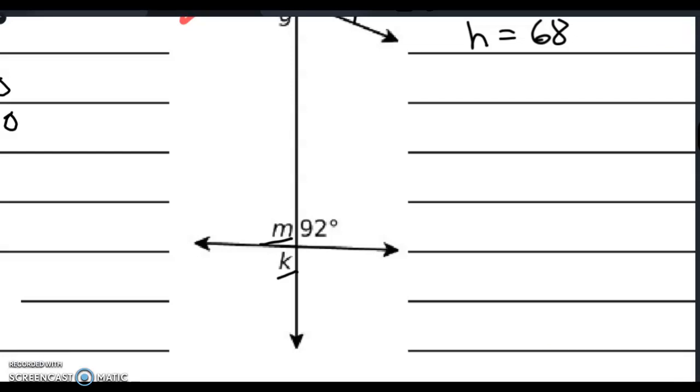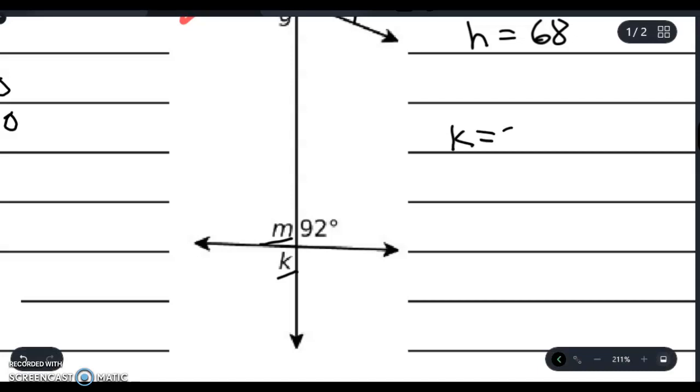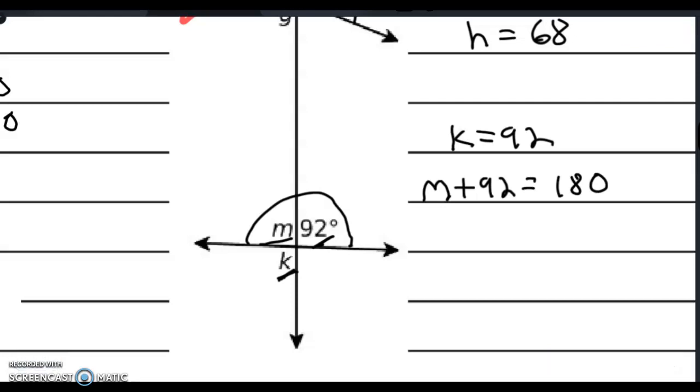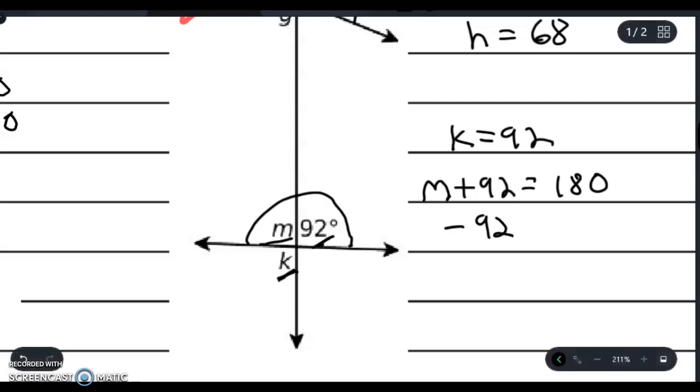So I know K right away is equal to 92 because they're vertical angles. And then M and 92 is a linear pair. So M plus 92 is equal to 180. And now all I gotta do is subtract 92 on both sides.